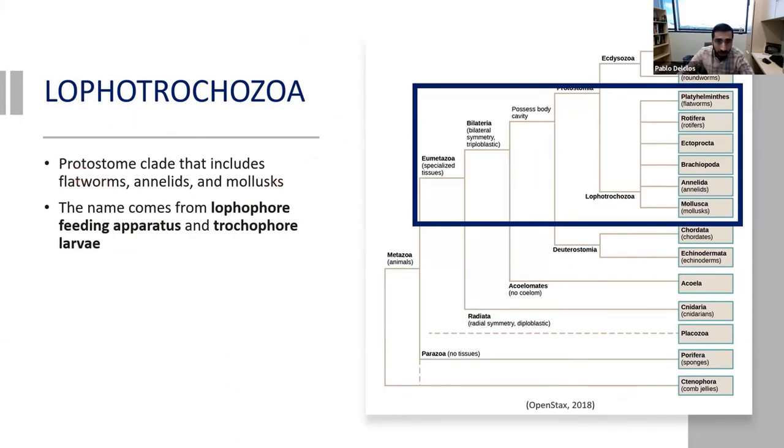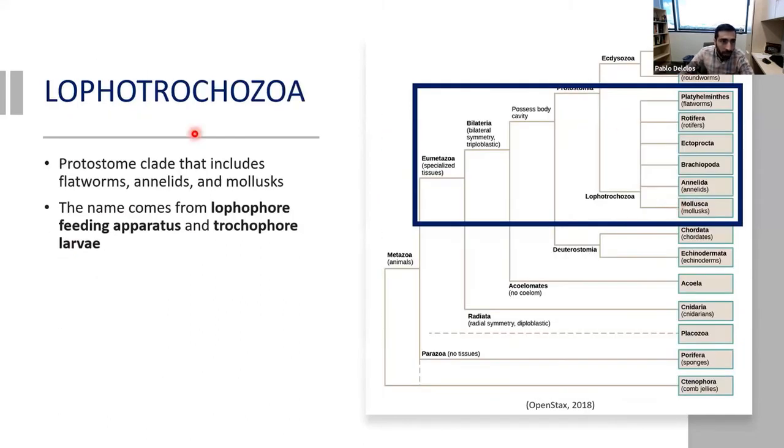So first of all, the Lophotrochozoa. We have a couple organisms we looked at in lab this week. The earthworms, which are here in the annelid grouping. And then we also have the phylum Mollusca, where we have our clams, snails, other things like that, the mollusks.